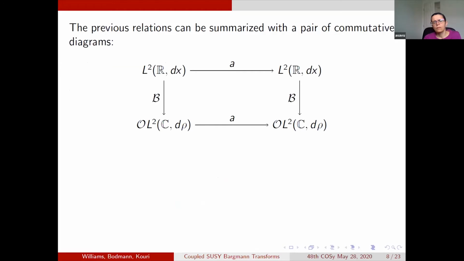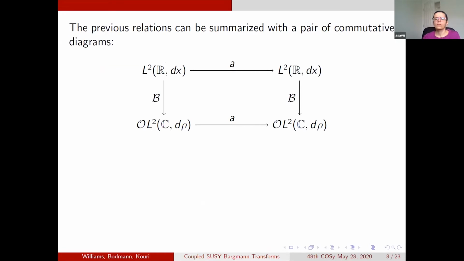So we have A going from L2 to L2, obviously domain of definition issues everywhere. And then the Bargmann transform takes us to the Bargmann space in both, but what A represents in the two different ones is different. So on top, that's the real line representation, the d by dx plus x with the square root 2.